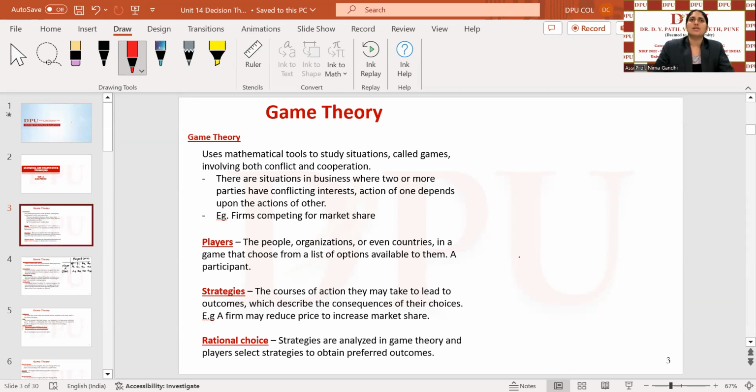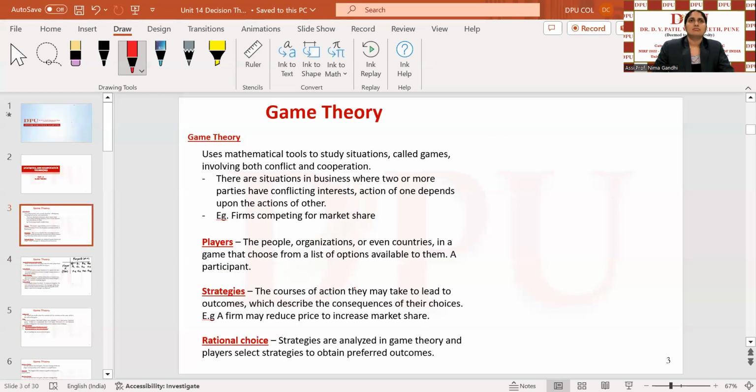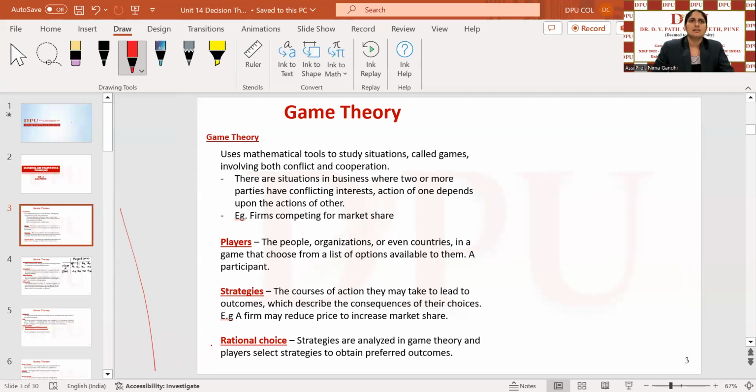Then the rational choice. So what is the rational choice? The strategies are analyzed in game theory, and the players select strategies to obtain the preferred outcome.